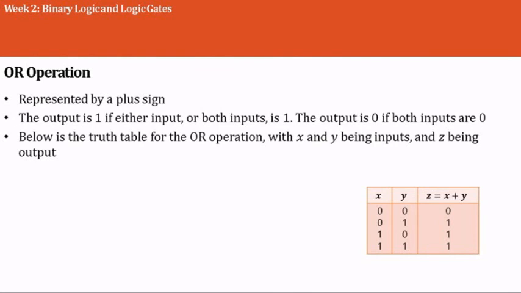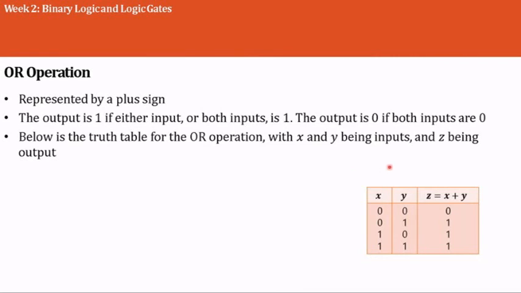Next, we have the OR operation. This operation is represented by a plus sign. This will be read as X or Y is equal to Z. So the output is 1 if either of the inputs is 1 or both inputs are 1.